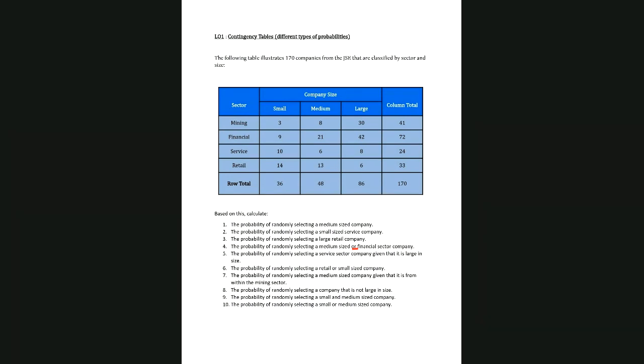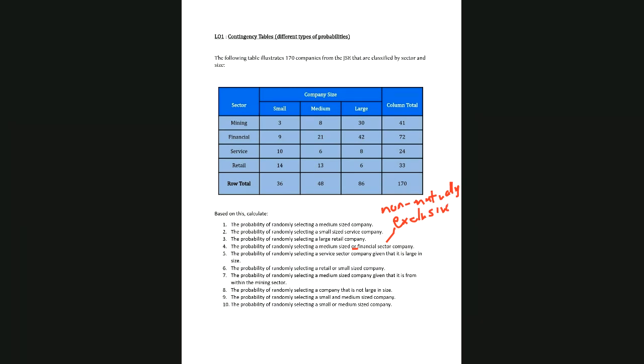In this case, definitely they can occur together, because the fact that we have a medium-sized company doesn't affect the chance that we can also have it being a financial sector company. It can be both of them at the same time. These events can occur simultaneously, which would make it a non-mutually exclusive event.